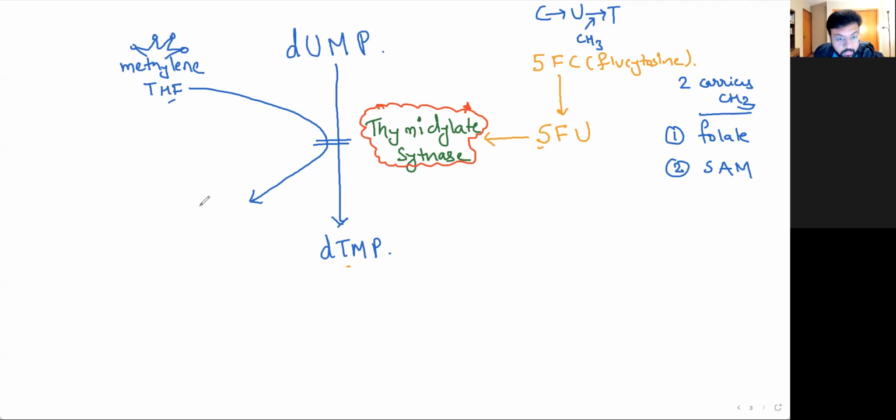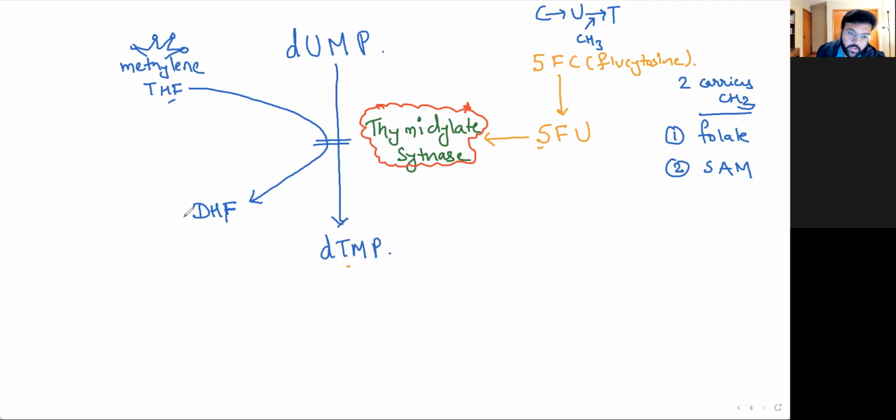So that tetrahydrofolate will convert into dihydrofolate. That's an oxidation reaction. If you somehow want to convert dihydrofolate into tetrahydrofolate, it has to be a reduction reaction. Do you guys agree? If you want to convert dihydro into tetrahydro, from 2 hydrogen to 4 hydrogen, you are adding more hydrogen. It has to be a reduction reaction. So there has to be some reduction enzyme here.